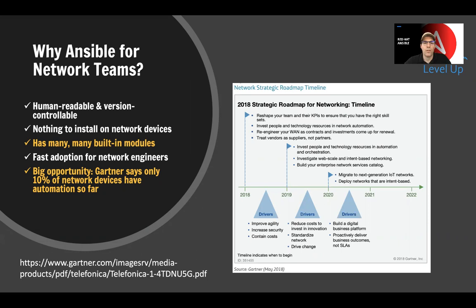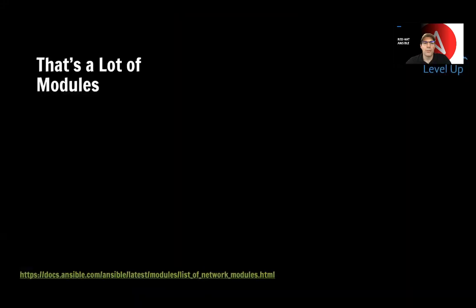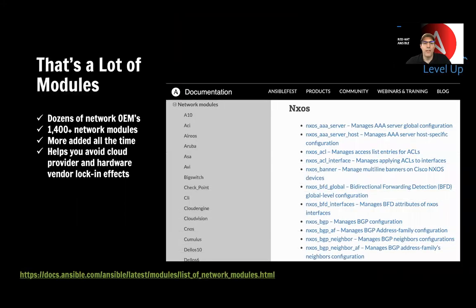So coming back to this slide, the two things that we want to highlight in this video are, first of all, the module support, and secondly, just really talking about the opportunity ahead and the art of the possible. So with network modules, if you take a look at the list on Ansible.com, you'll find dozens of network OEMs and well over 1,000 supported network modules today.